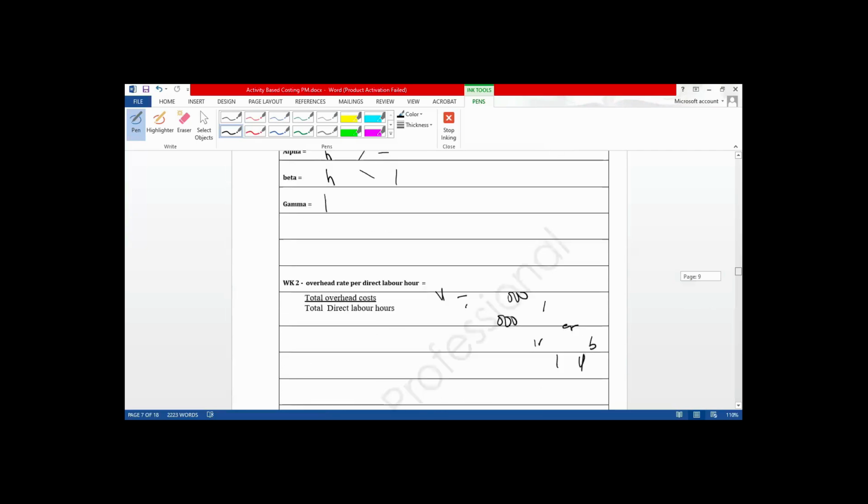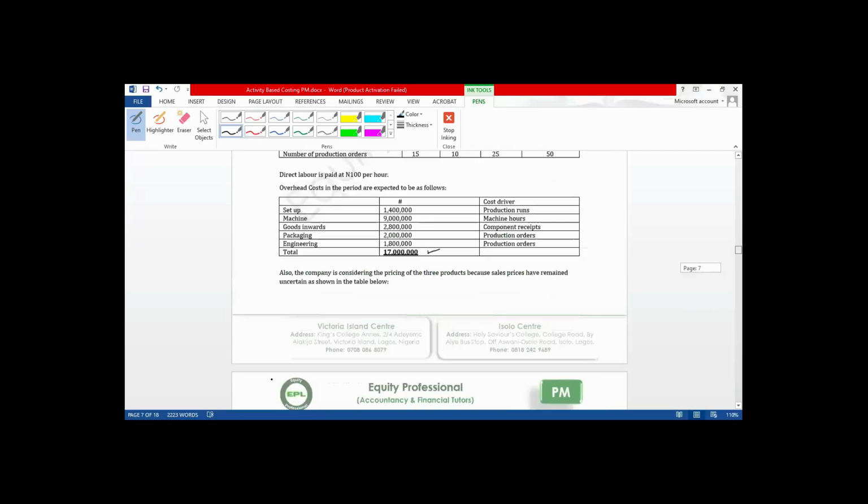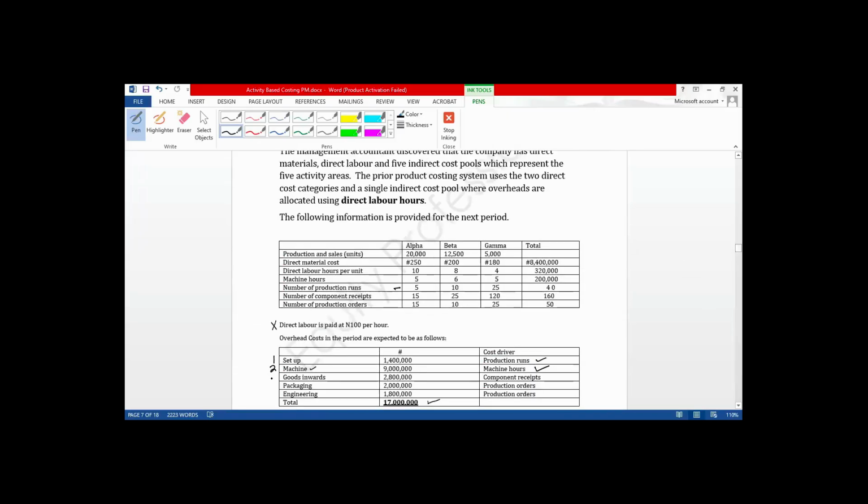Activity 3. Look at it, please. Activity 3 is goods inward overhead. Total amount is 2.8 million. The examiner said the cost driver is component receipts.